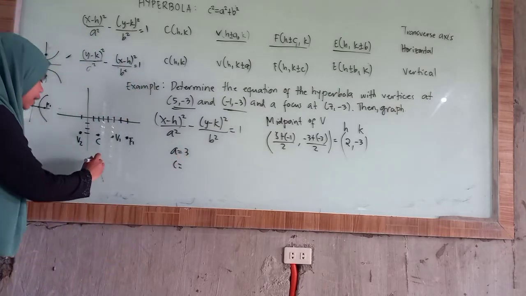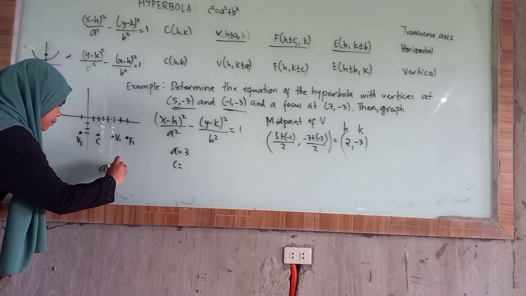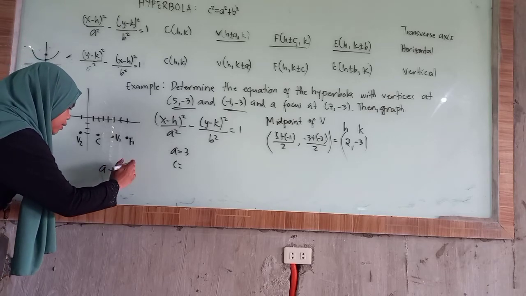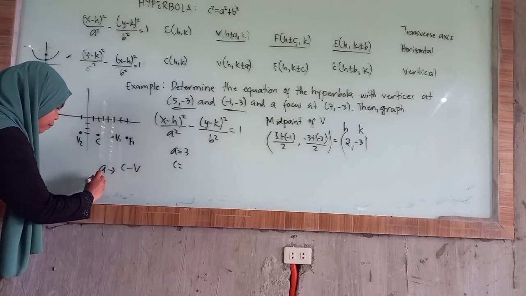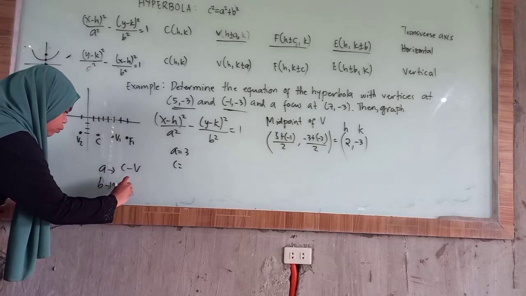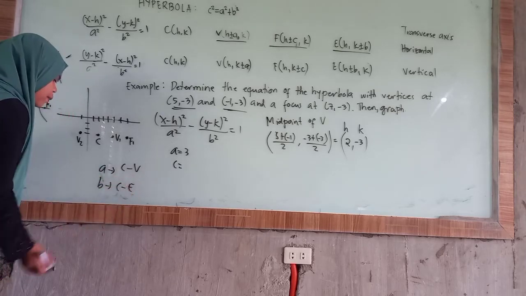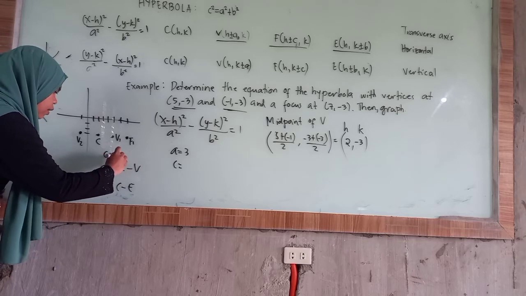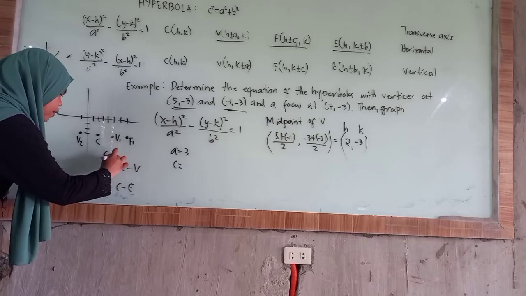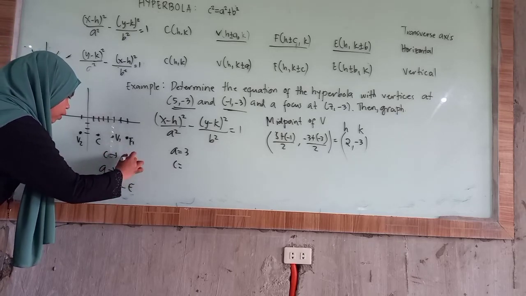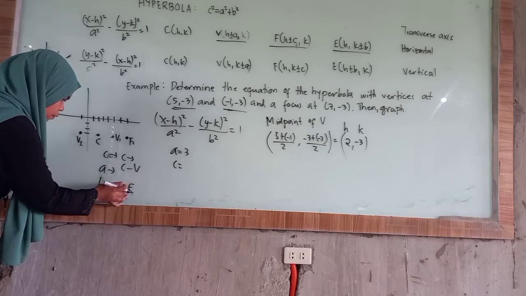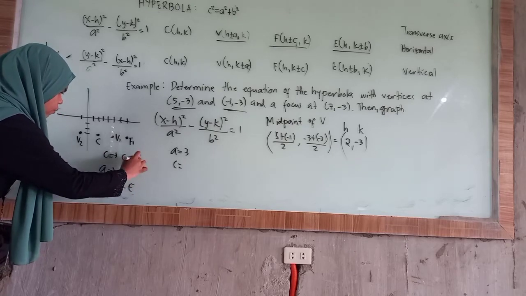Again, isulat ko na lang. A, that is the distance from center to vertex. Tapos, yung B naman natin, center to endpoints. Tapos, yung C natin, that is the distance from center to any one of the vertex, endpoints, at saka focus.